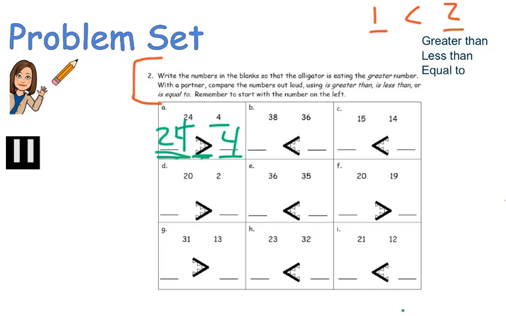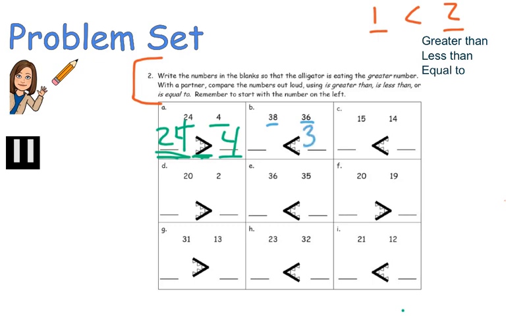Okay, let's look at B. We have 38 and 36. Which number is greater than? 38. But which way is the mouth pointing this time?